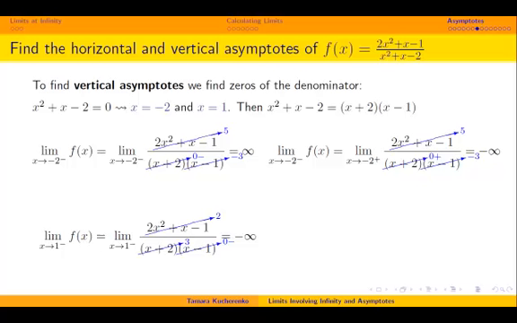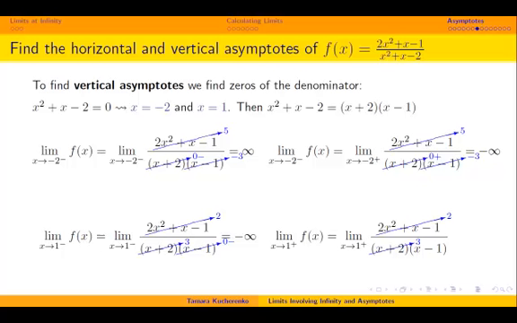Similarly, when x approaches 1 from the right, the value of the numerator at 1 is 2. The value of x plus 2 at 1 is 3. X minus 1 at 1 is 0.